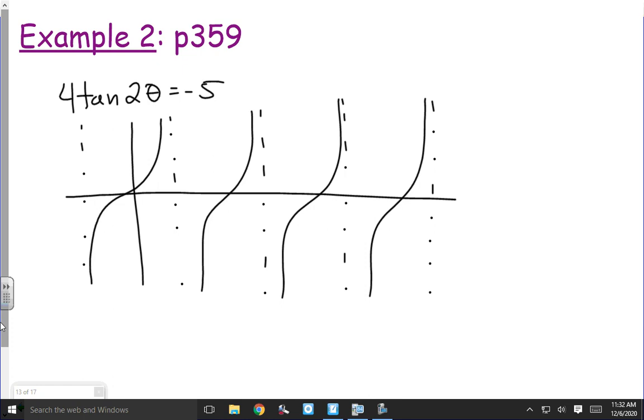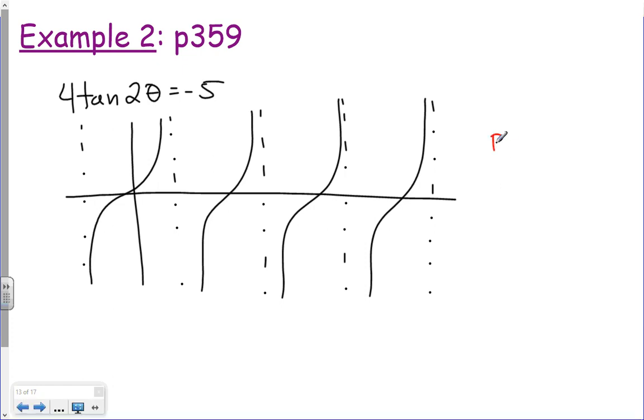Period is equal to 180 degrees. If this was in radians, then we'd have pi instead of 180 degrees, divided by the absolute value of b, and it's absolute value because b could, of course, be negative, but period is always positive. In this case, b is equal to 2, so this is equal to 180 degrees over the absolute value of 2, or that's 90 degrees.